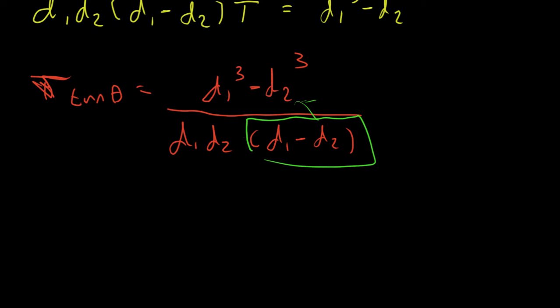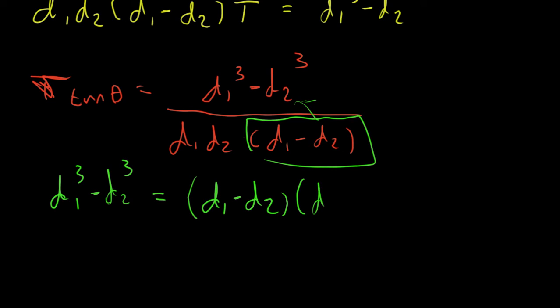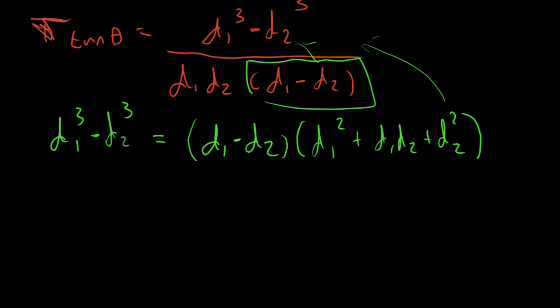So this is called the difference of two cubes. You might want to remember this result, or at least know how to derive it for stat purposes. So it's just going to be this. It's actually used quite a lot. And you see that if we plug that in the top line, the bottom will cancel. Of course, provided one very important point there, that d1 does not equal d2.